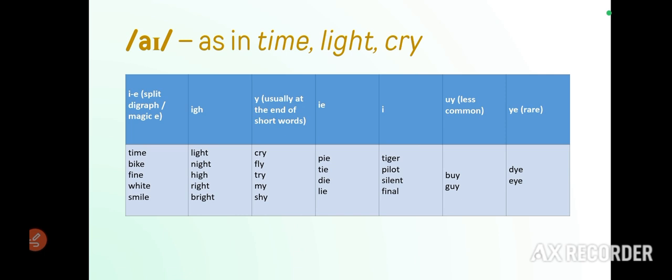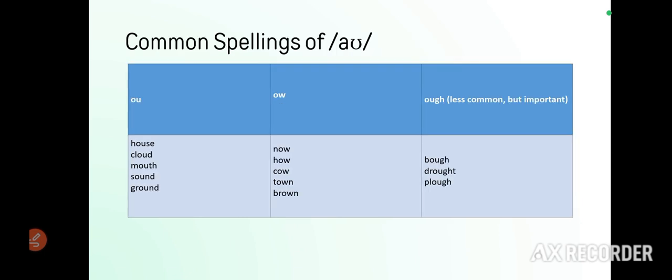It can be spelled like IGH in light, night, height, bright. Usually, it can end the word and appear like Y, as in cry, fly, try, my, shy. It can appear like IE in pie, tie, die, lie.